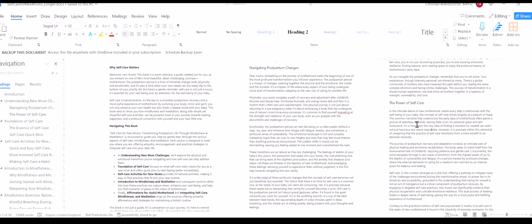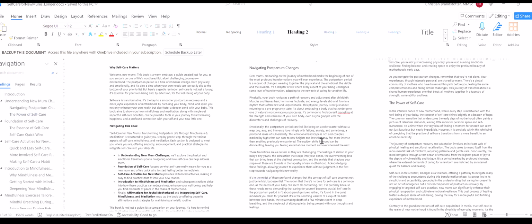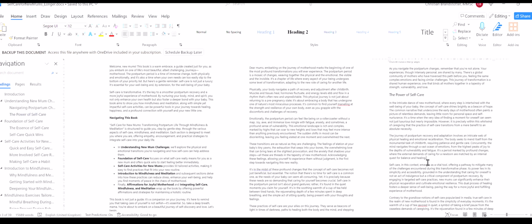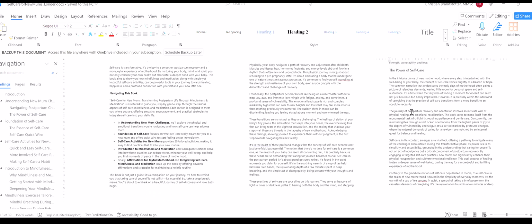However, here, often it's not an entire text, but it is sentence beginnings, like in the intricate dance of new motherhood, right? Like nobody would say that. Those are things you have to look out for, right?